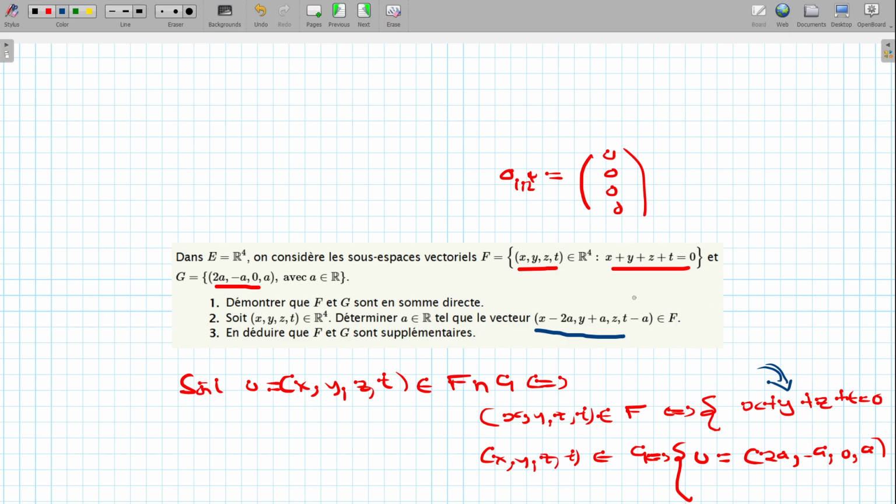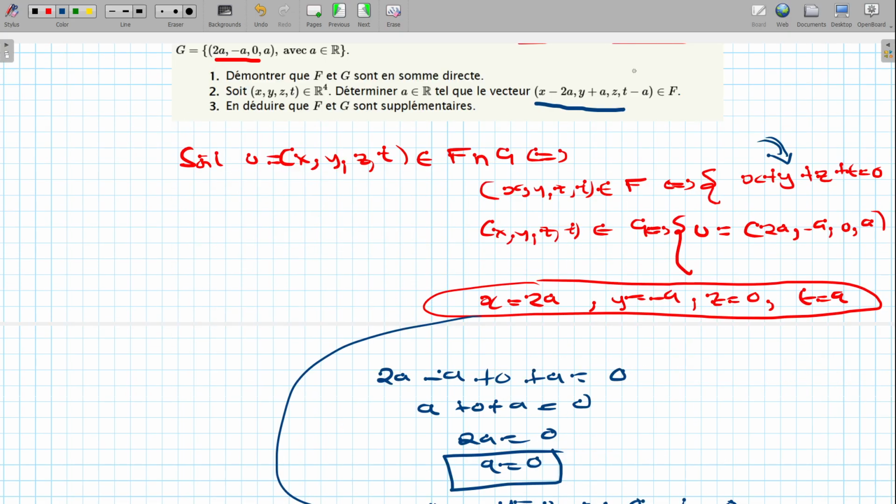You might have gotten the idea here. So for this vector (x minus 2a, y plus a, z, t minus a), to be in F, what must happen?